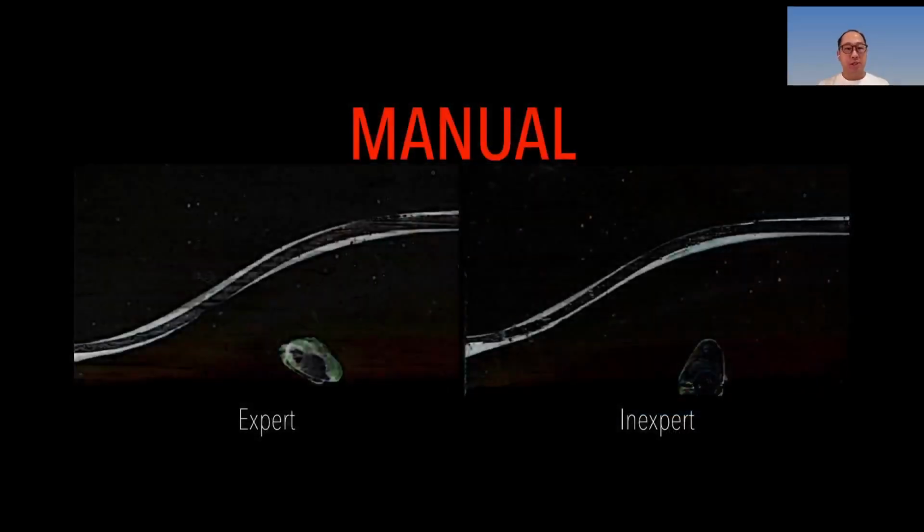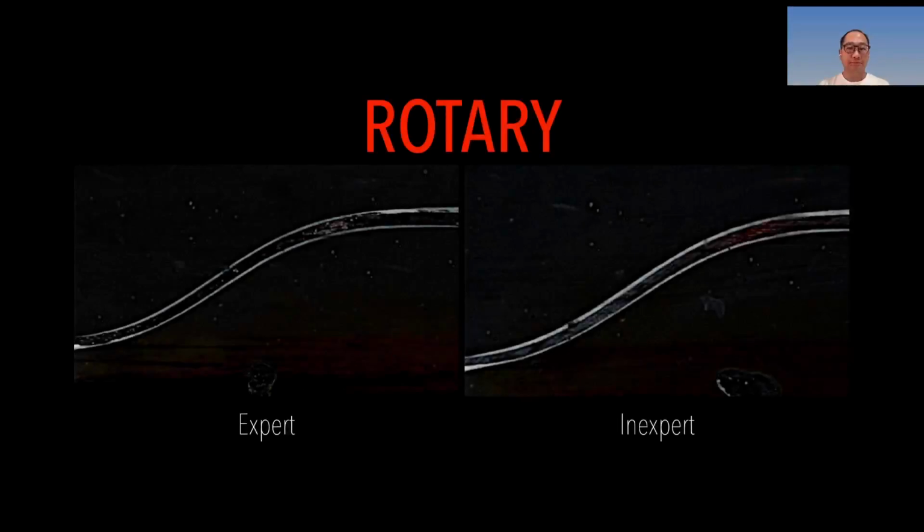What we can see from the study, this is the manual glide path result from the expert: there is an enlargement in the apical part, and when the inexpert uses this, the enlargement at the apical part is huge. It's wider. So this is also why the debris extrusion with the manual glide path will be higher, because the apical stop cannot be maintained. It's enlarging and flaring because of the stiffness of the file.